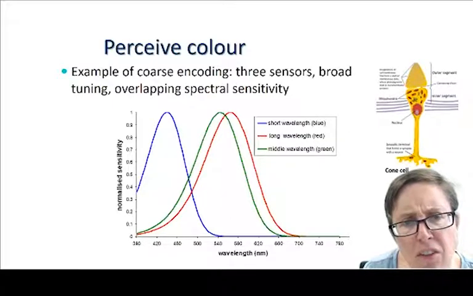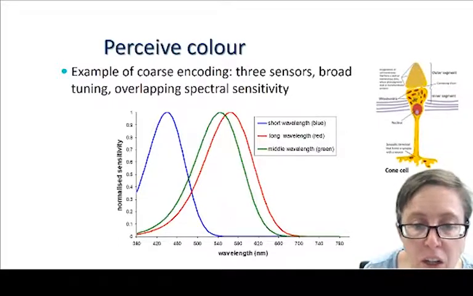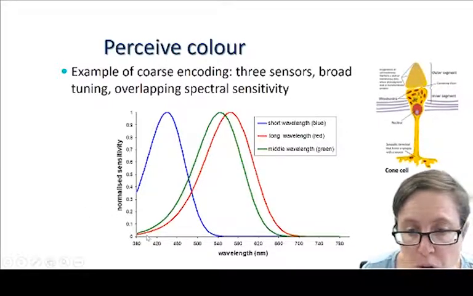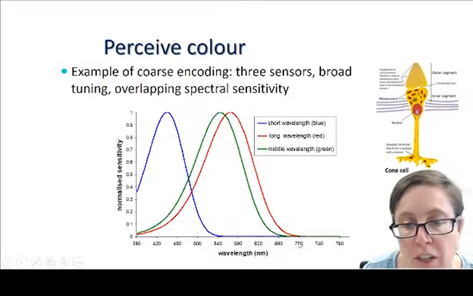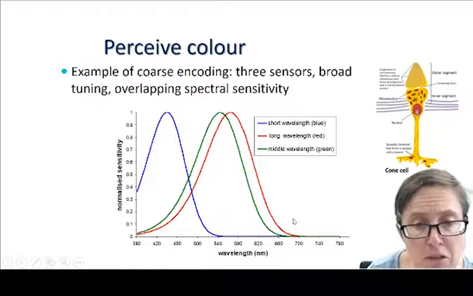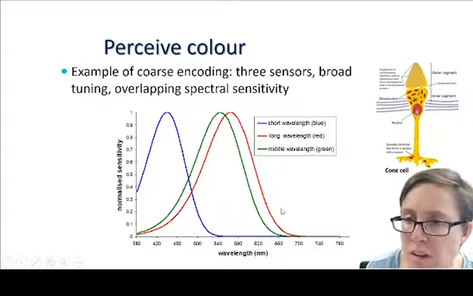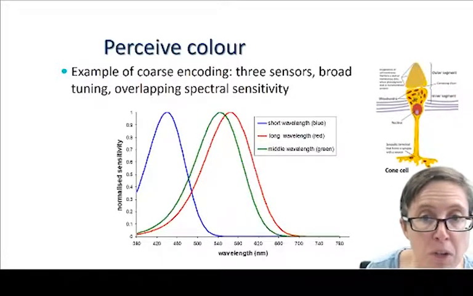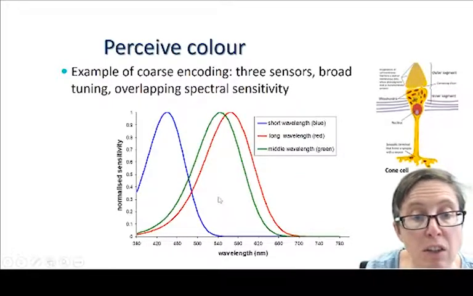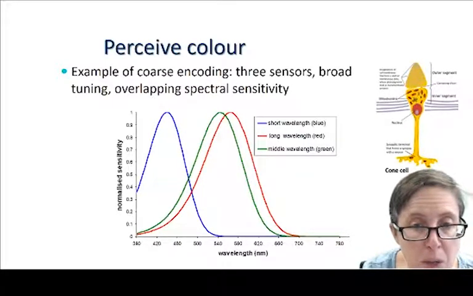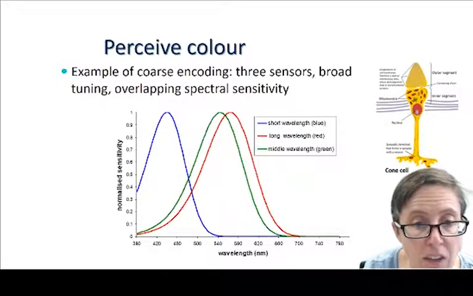And you can see that this is an example of really coarse encoding. So even though we've got loads of different wavelengths, all the way from 380 to 700 nanometers around in the visible spectrum, all that rich information is being encoded with only 3 classes of sensor, with this really broad tuning and this overlapping spectral sensitivity. So you can see that we're going to lose a lot of information about the wavelength present in the light just because it's encoded with so few sensors.